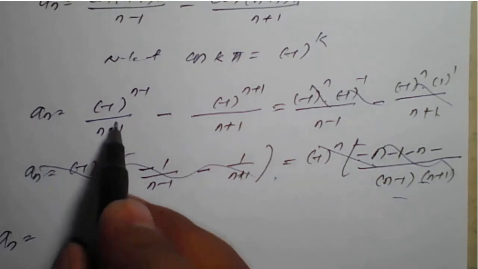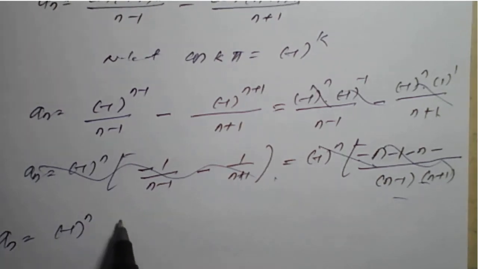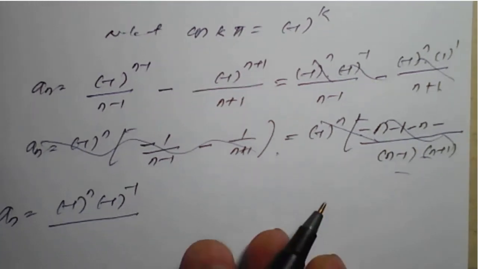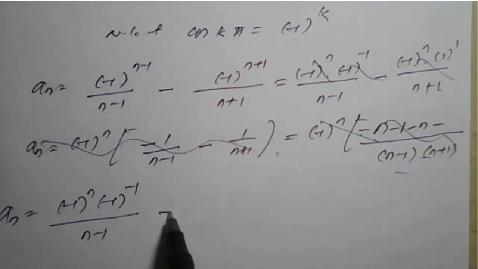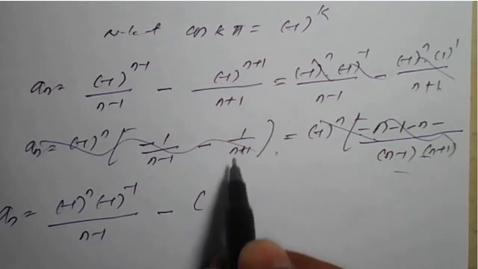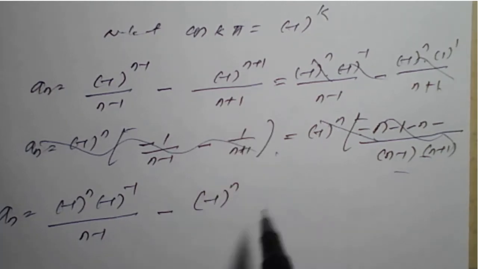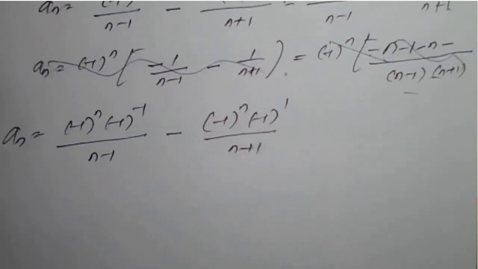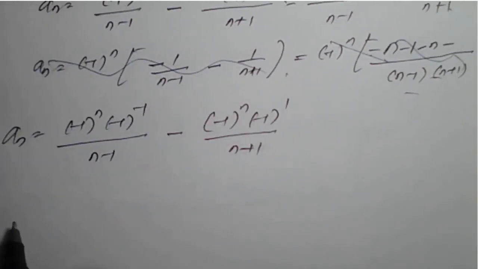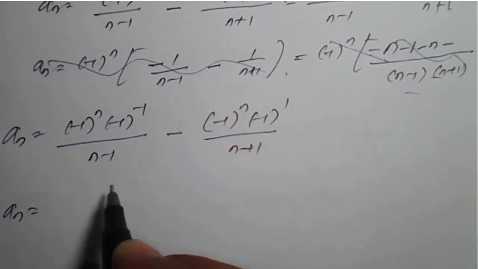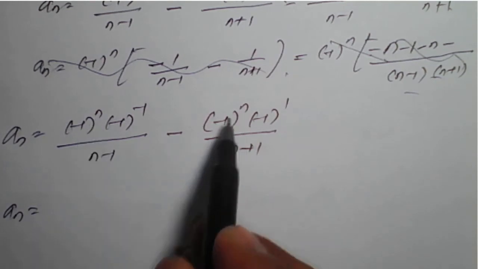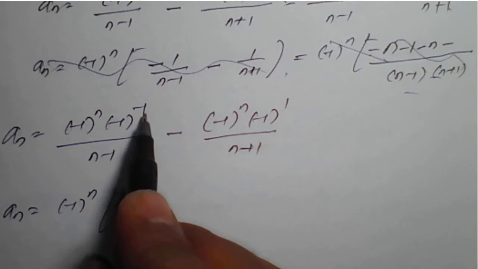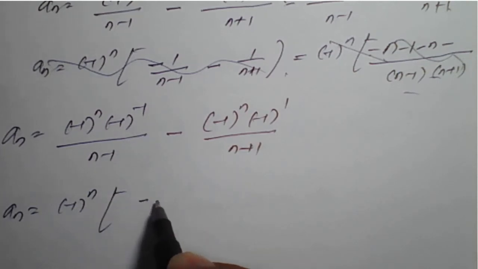So this will become minus 1 raised to n and minus 1 raised to minus 1, divided by n minus 1, minus, so this will be the second term, minus 1 raised to n, minus 1 raised to 1, divided by n plus 1. So on simplification, an is equal to minus 1 raised to n, which we will take outside. So what is left inside: minus 1 raised to minus 1 is nothing but minus only.